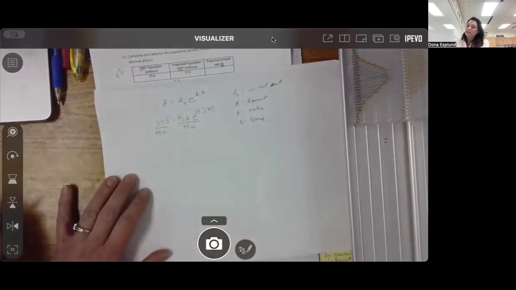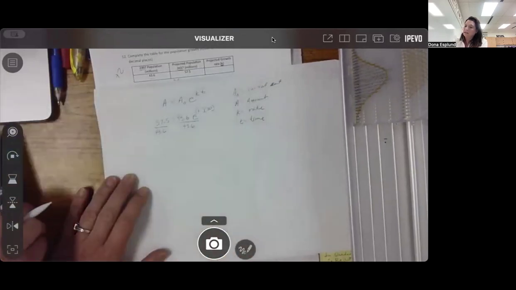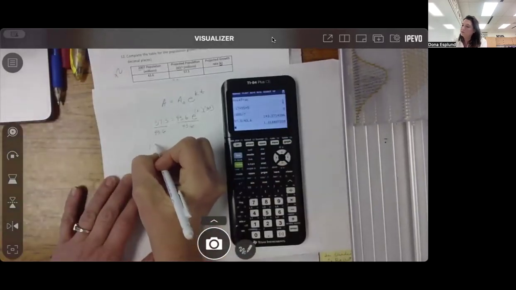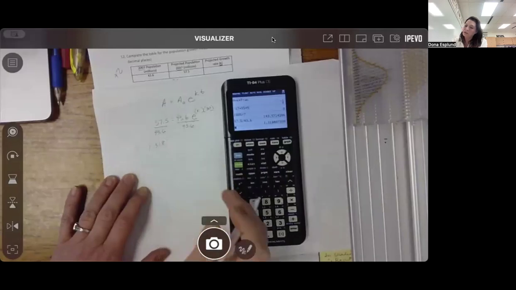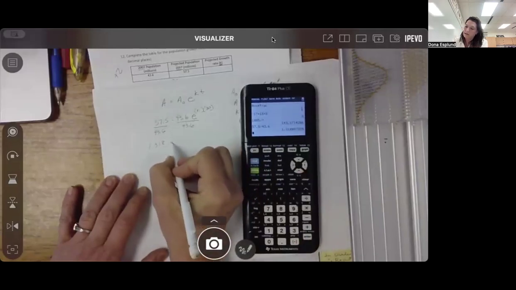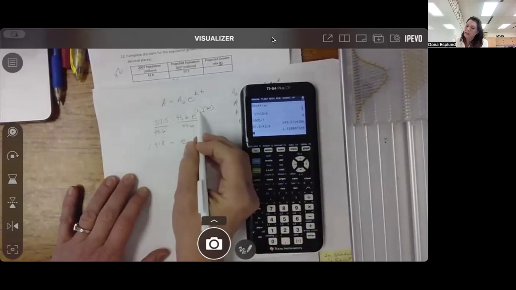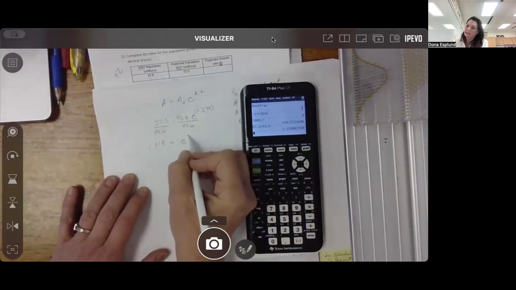And so then I'm going to end up with 57.5 divided by 43.6. And that's going to give me 1.318. I'm just going to do enough that I can tell what it is on my calculator. Then what I have left is going to be e to the k times 30 power, which I'll write as 30k.